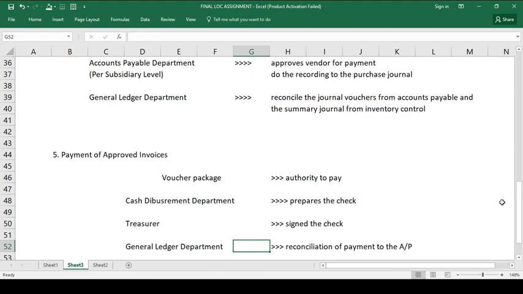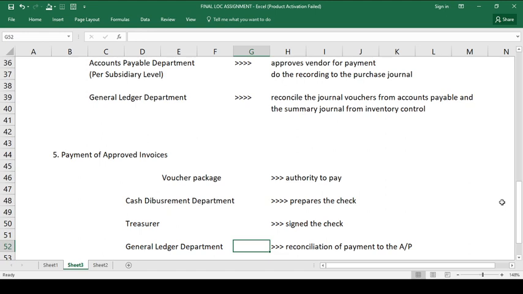Pero pinaka-importante po sa lahat na pumirma sa cheque si treasurer because the treasurer is the one who supervises the existence of cash in the company, if the company is able to pay its liabilities. So that's the payment, how checks are being prepared.